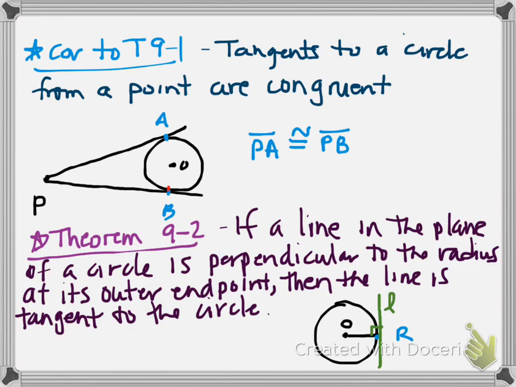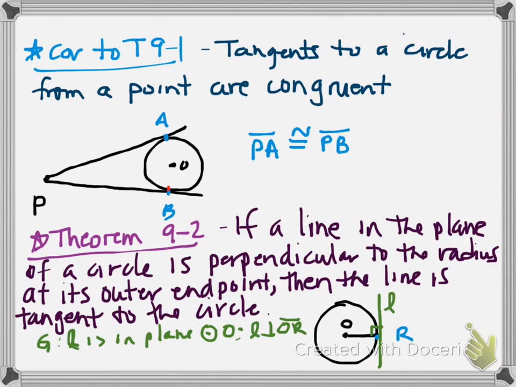What we can say for our given is that L is in the plane of circle O. We have to state that because that was in the hypothesis of our theorem. So they have to be in the same plane. They could not intersect if they weren't in the same plane. And then we were also told that line L is perpendicular to radius OR.